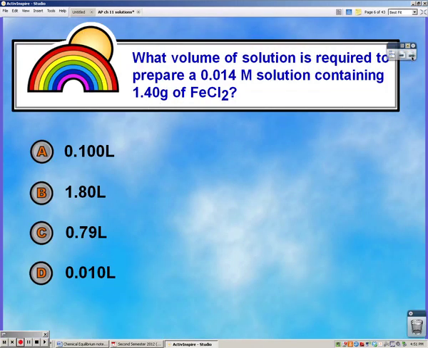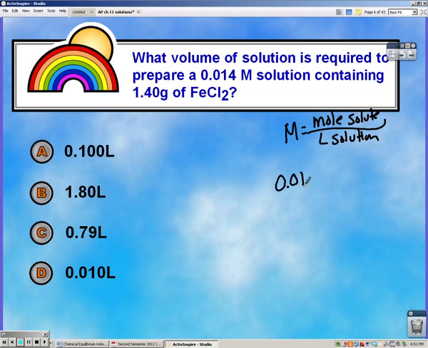Go ahead and pause the video and try this one on your own. So in this problem, you're not looking for molarity, you're given molarity. So molarity, moles of solute, liters of solution. They gave me my molarity, and they didn't give me moles or liters, but they gave me grams.